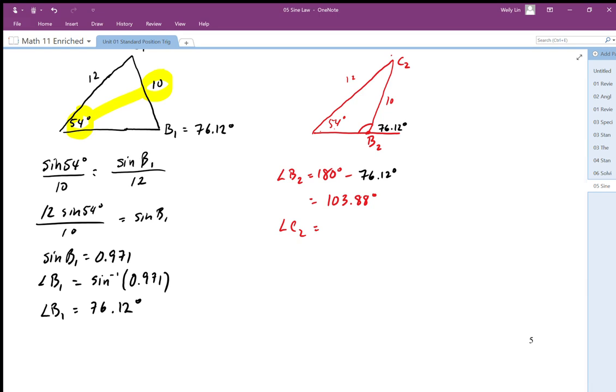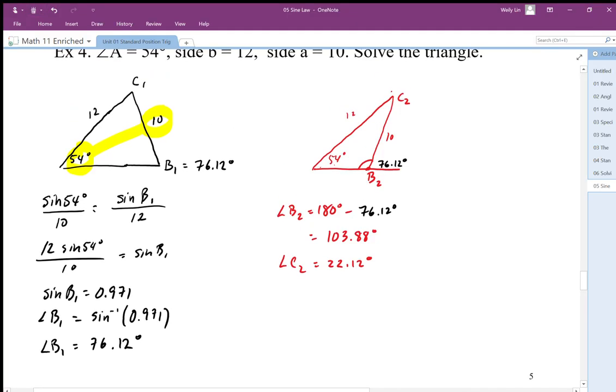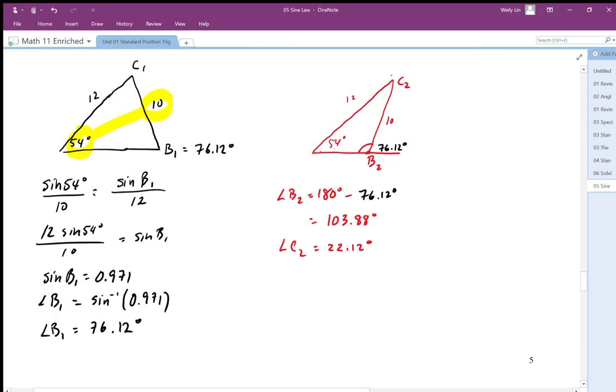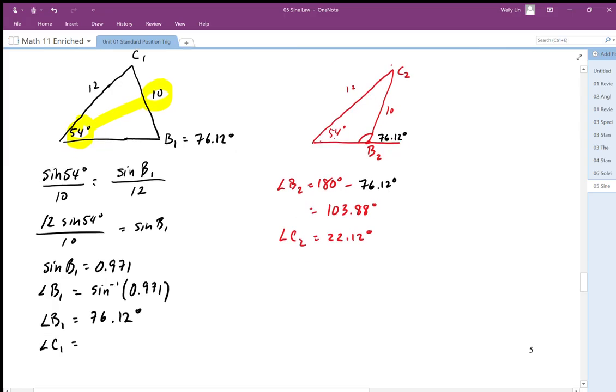And that allows us to solve for C2. Angle C2 is going to be 180 minus 103.88 minus 54 degrees as well, so angle C2 is 22.12 degrees. The angle up here we call C1, so angle C1 will do the same thing. It's going to be 180 minus 54 minus, in this case, 76.12 degrees, which gives us 81.88 degrees.